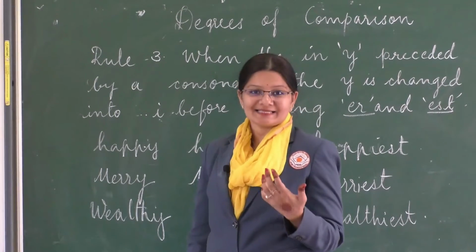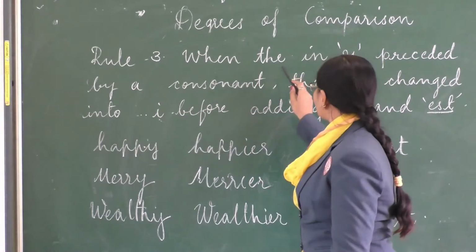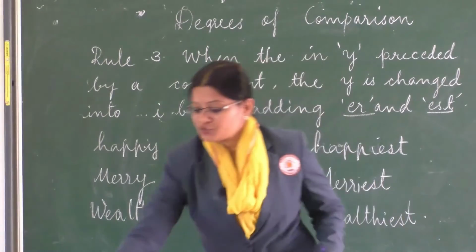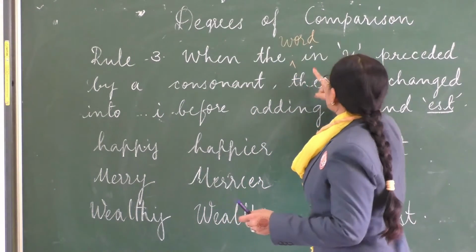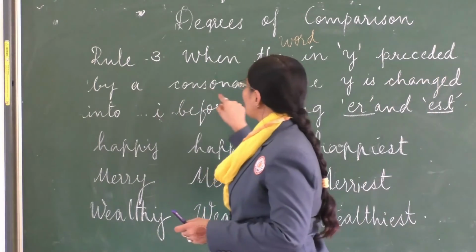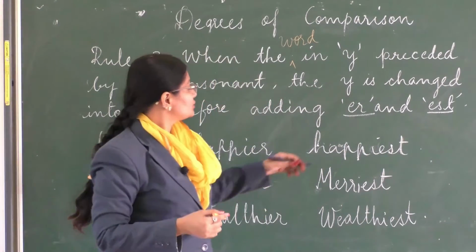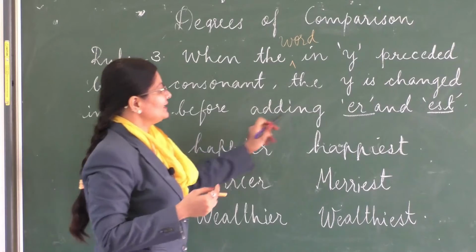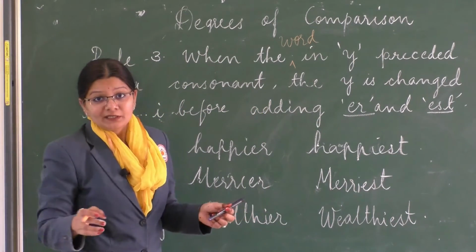Kids, now let's understand rule number 3. That is when the word ends in y, preceded by a consonant, the y is changed or replaced by i before adding er and est to it.